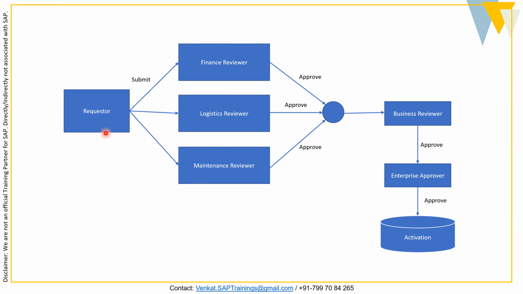If someone asks how many steps the workflow has, this is one, and the entire parallel split we can consider as another step, so 2, 3, 4. It is a 4-step workflow process. How many levels? This is one level, which is split into 3 sub-levels, then second level approval, third level approval.